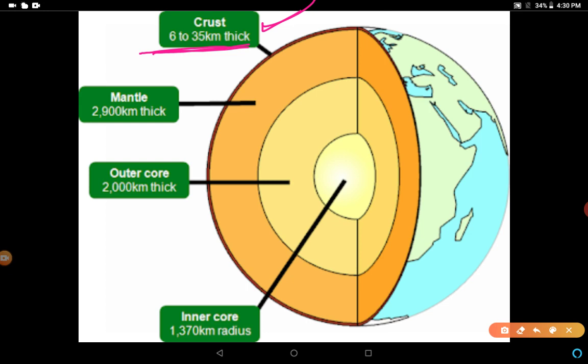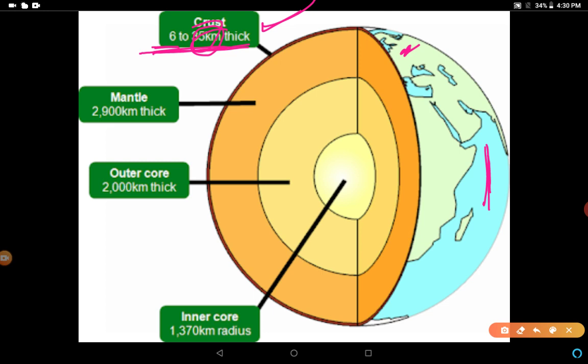It's about 35 kilometers on the continental masses, and approximately 5 or 6 kilometers on the ocean floors. Clear? If we dig the earth from the ocean, its depth is 5 to 6 kilometers, and if we dig from the continental masses like the lithosphere, then we'll find 35 kilometers depth of crust.